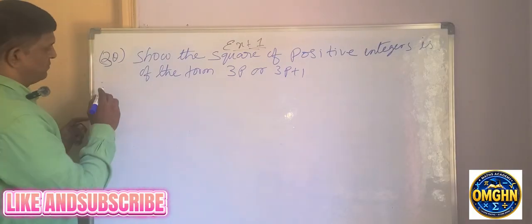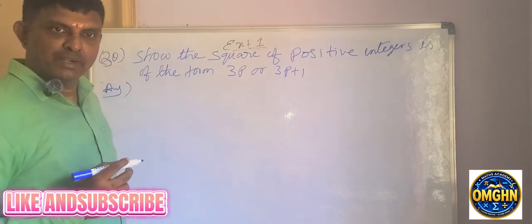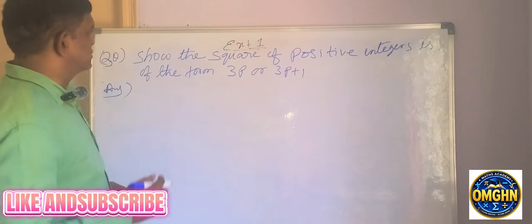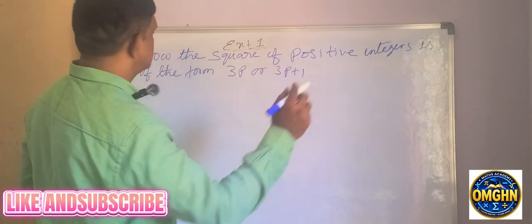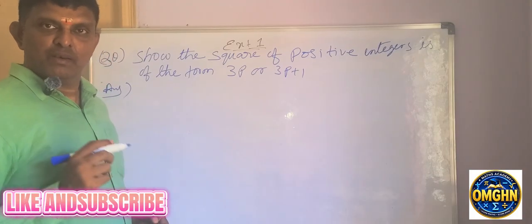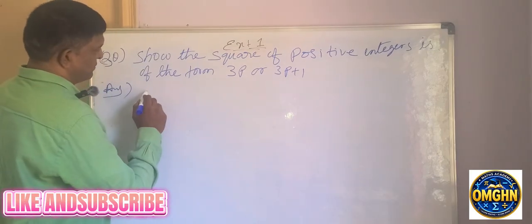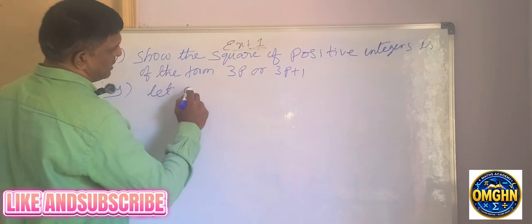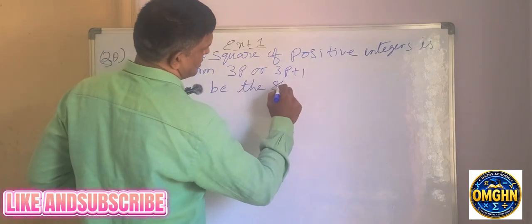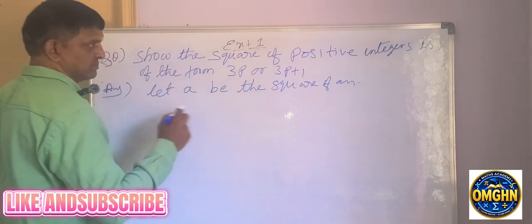Here in this sum, we will do as: let a be the square of an integer.